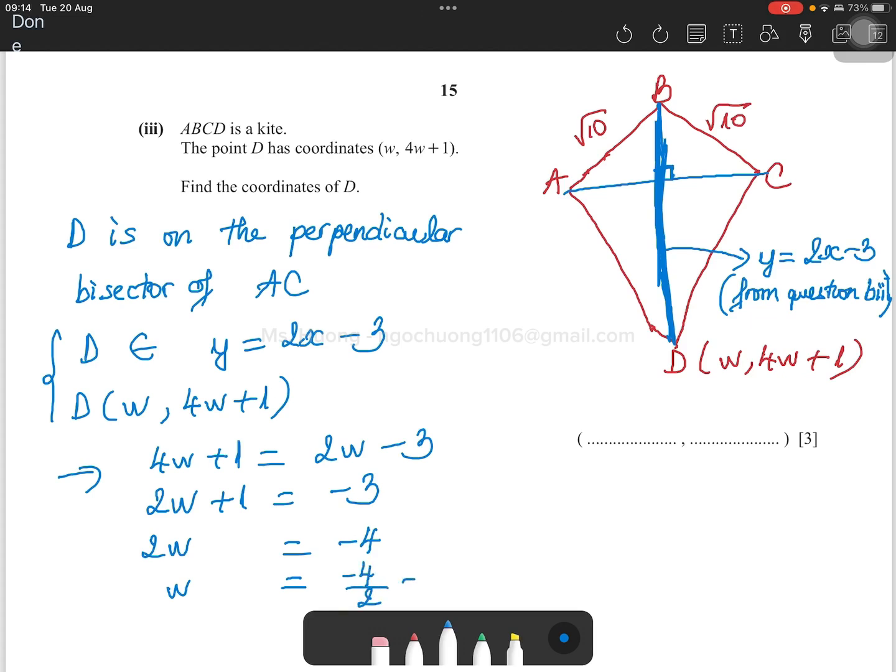So W is going to be -2. Then 4W plus 1 is 4 times -2 plus 1. This is -8 plus 1 equals -7. So the point D has coordinates of -2, -7.